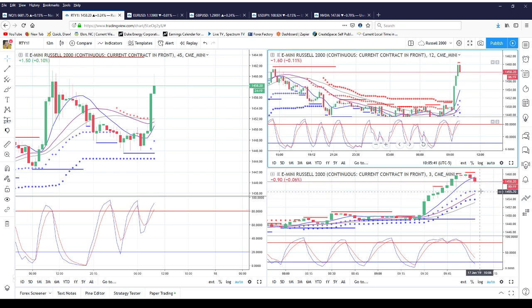You really want it to come back to this ATR. And if it does, it will more than likely give you your profit target on the 20 minute.